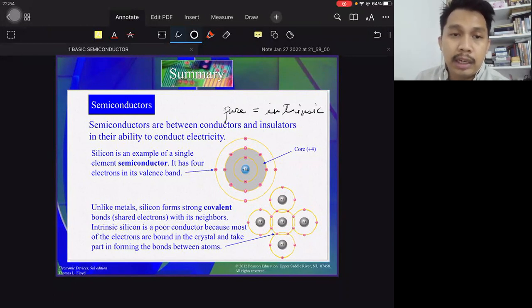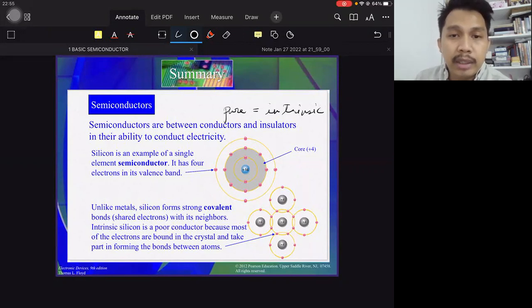Single-element semiconductors are antimony, arsenic, astatine, boron, polonium, tellurium, silicon, and germanium. Compound semiconductors such as gallium arsenide, indium phosphide, gallium nitride, and such are also commonly used.